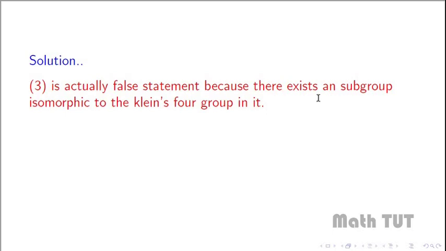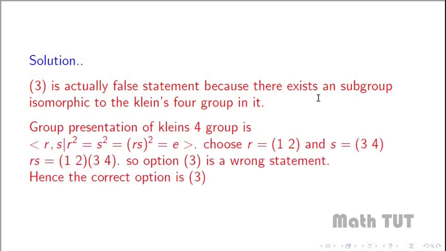The representation of that group is the group generated by R and S, where R squared and S squared are E, and RS whole squared is also equal to E. So I will present some R and S. You choose R to be this element and S to be this element. Both have order 2, so R squared and S squared are both identity.